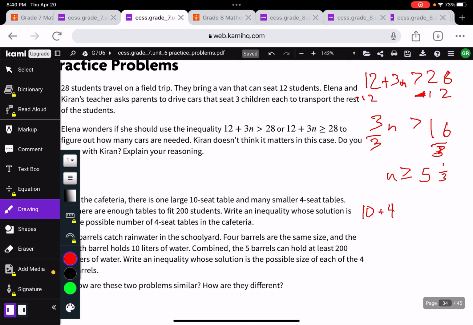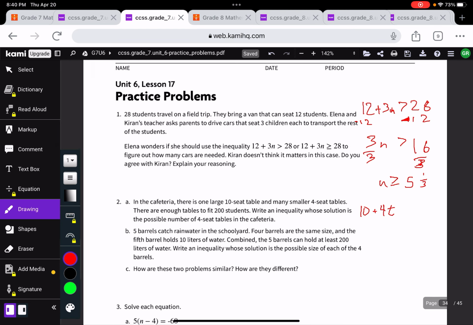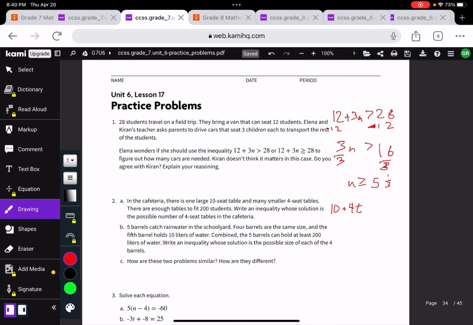I would use T, but T's sometimes look like plus signs, but let's go ahead and plus 4 times however many smaller tables. There's enough tables to fit 200 students. So that should be all those. That can't necessarily be greater than 200 students.